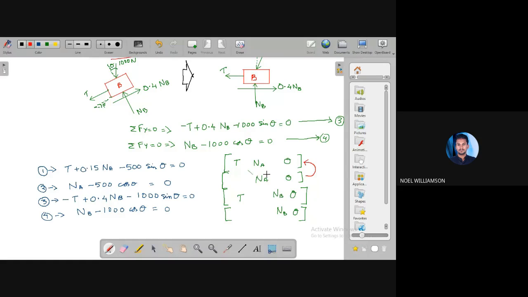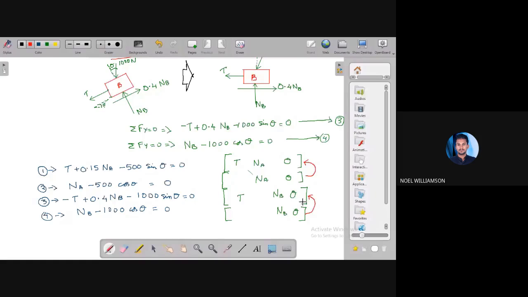Here there is a relation between Na and theta. So you can express Na in terms of theta and we can substitute here in equation 1. Similarly, here also you can substitute 4 and 3.